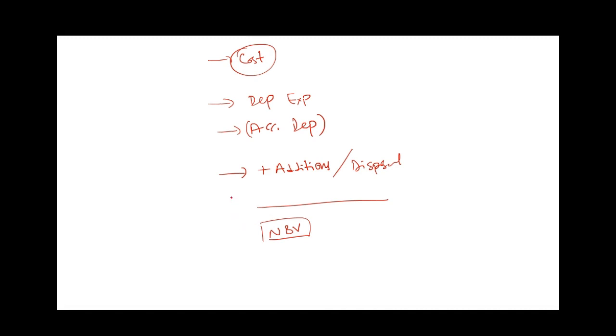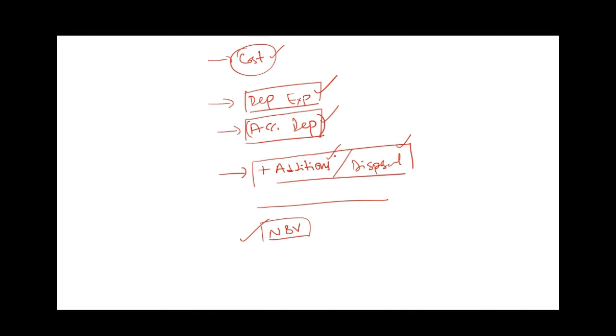So this means in order for you to forecast assets on the balance sheet, you need to forecast net book value. And in order to forecast net book value, you need to forecast cost, addition, disposal, and accumulated depreciation. For you to forecast accumulated depreciation, you need to forecast depreciation expense and have some assumptions about future additions or disposals, which means capex.